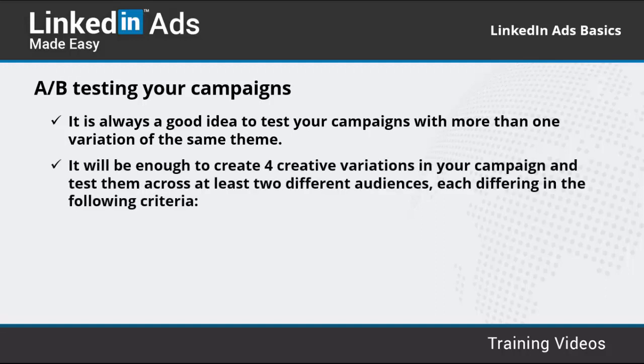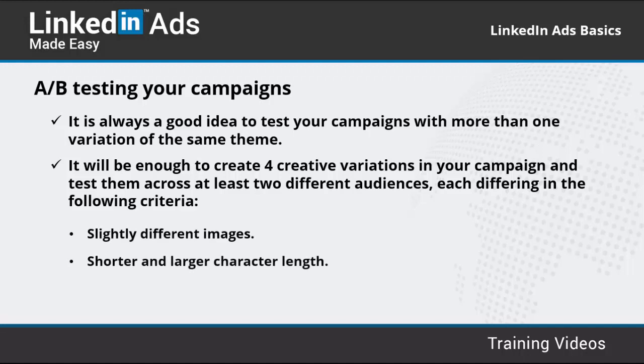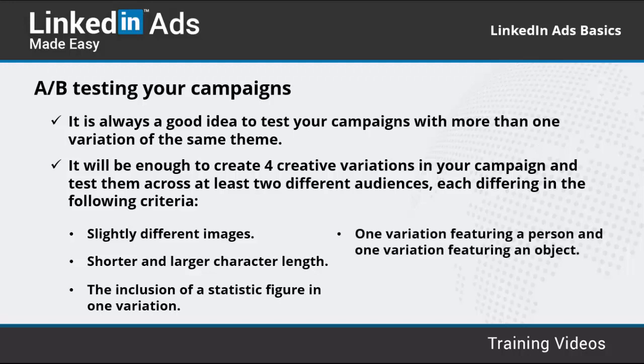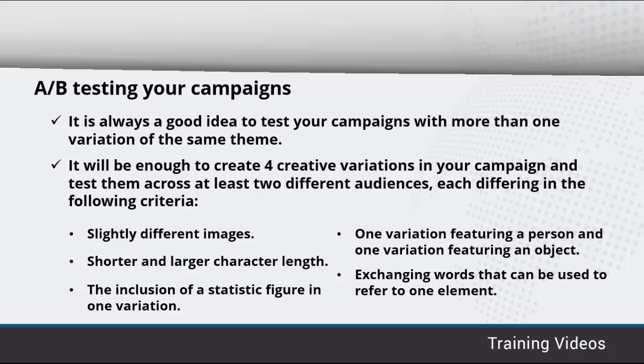It will be enough to create 4 creative variations in your campaign and test them across at least 2 different audiences, each differing in the following criteria: slightly different images, shorter and larger character length, the inclusion of a statistic figure in one variation, featuring a person, and one variation featuring an object. Exchanging words that can be used to refer to one element, using ebook on one variation, and using guide on another variation to refer to a digital download.